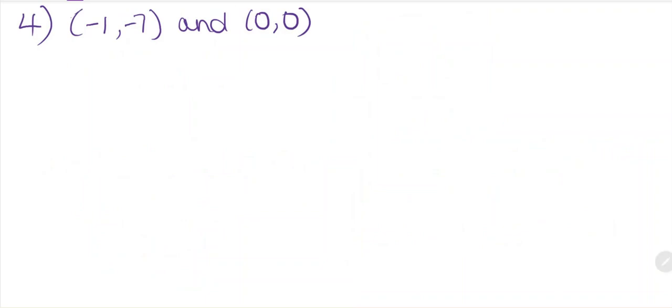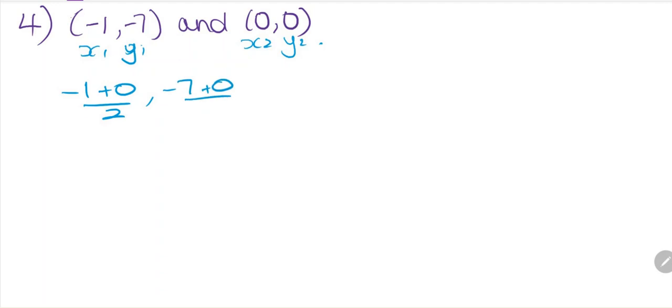Okay, and question 4. So x1, x2, y1, y2, and the midpoint, so we'll have (minus 1 plus 0) over 2, and we'll have (minus 7 plus 0) over 2. So h and k, so this is for our center.